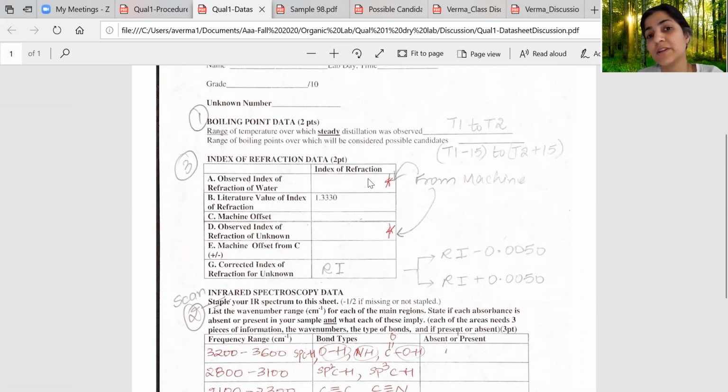If your machine is reading lower than the actual literature value, then you will have to add this offset. So this is something that you will have to decide at this point. When you do this mathematical operation between the observed RI of the sample and the offset, you will get what is known as the corrected RI value of your sample.